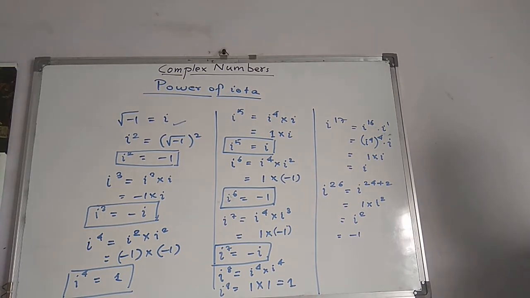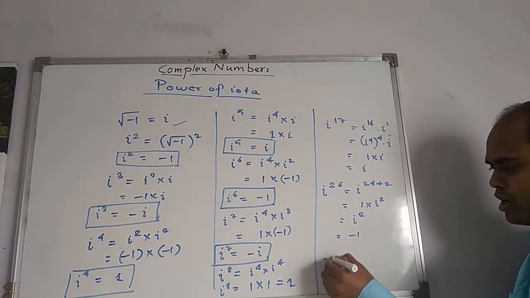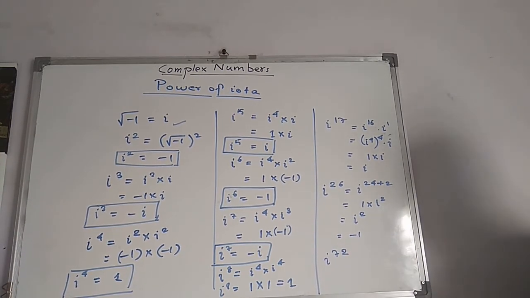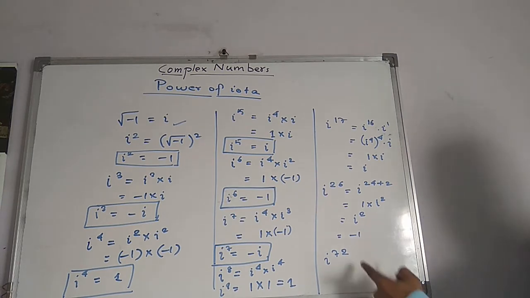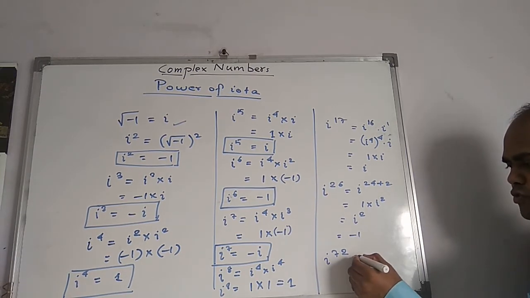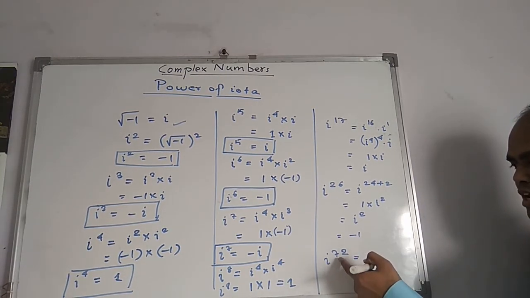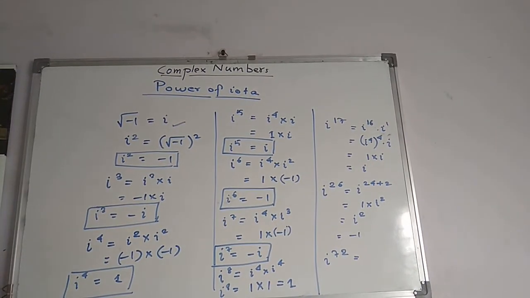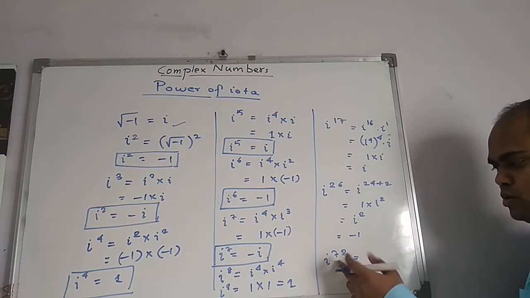Right? Suppose we have iota raised to 72. Here 72 is a multiple of 4. So the value of iota raised to 72 will be what? 1.